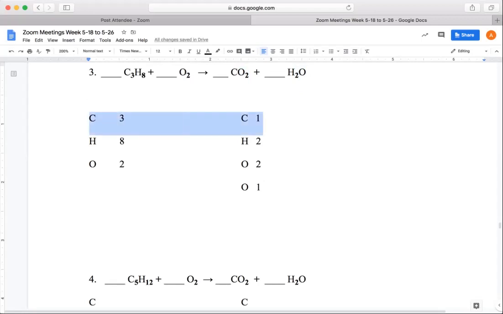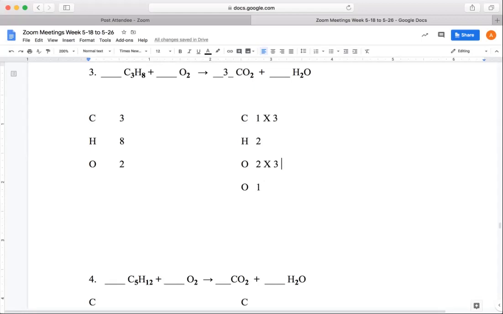Okay, so we're going to have to figure out how to make this balance. So the carbons are not balanced. We have 3 on the left, 1 on the right. So let's multiply this carbon by 3. Maybe this will help, we'll have to see. We put a 3 here, right? We're also putting this 3 in front of the O2. So we're going to put it times 3 here as well.